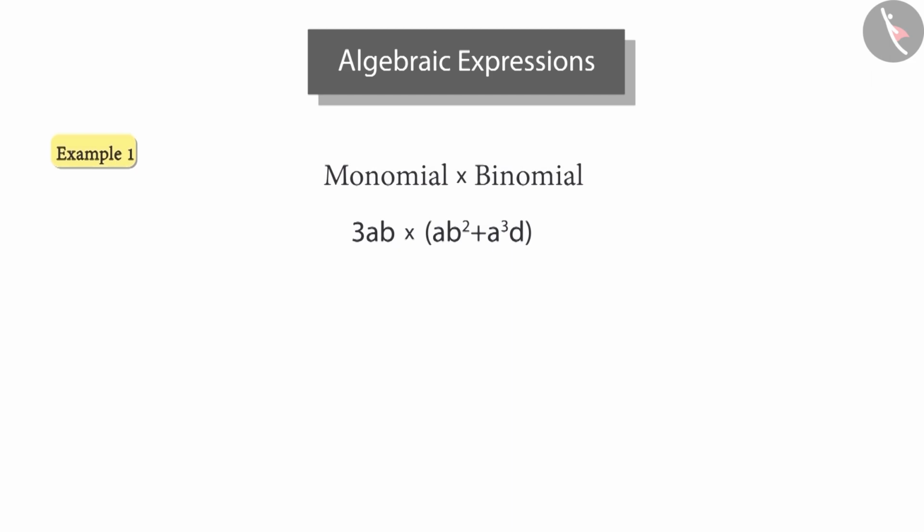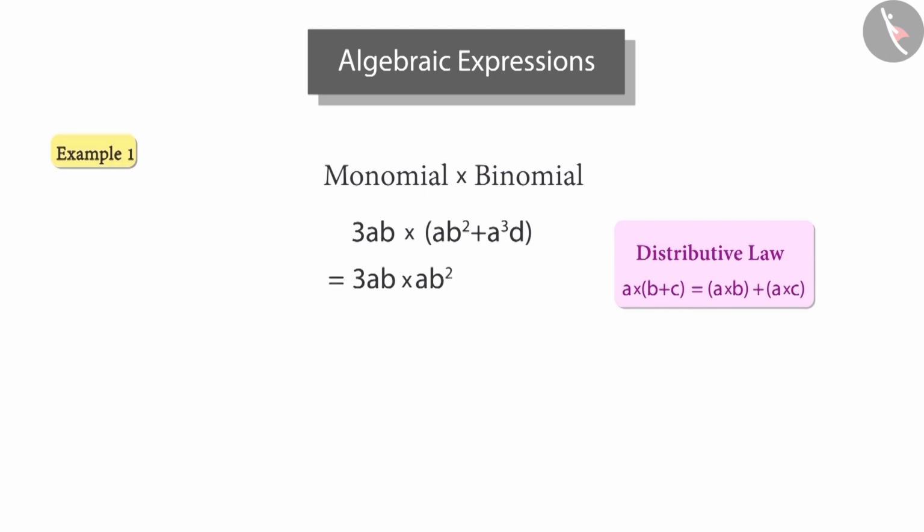We know that we have to use the distributive property here. So this will be equal to the sum of 3ab multiplied by ab square and 3ab multiplied by a cube d. Now both these terms are multiplications of a monomial and a monomial. Thus, after simplifying, we will get. This is our final answer.